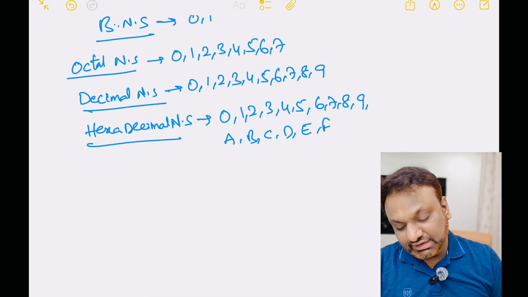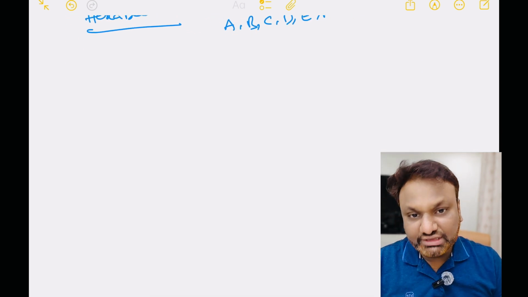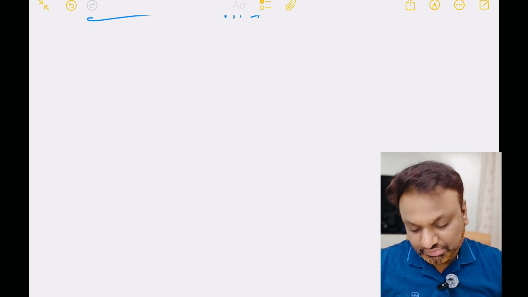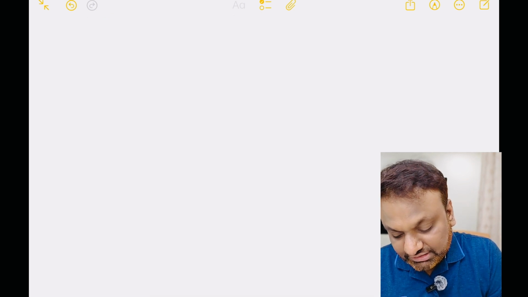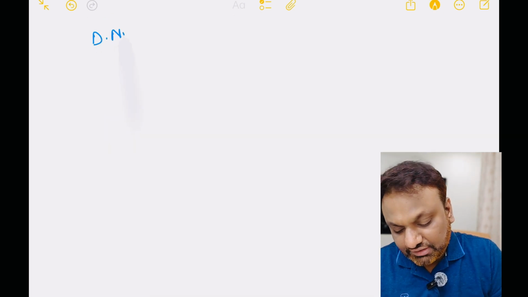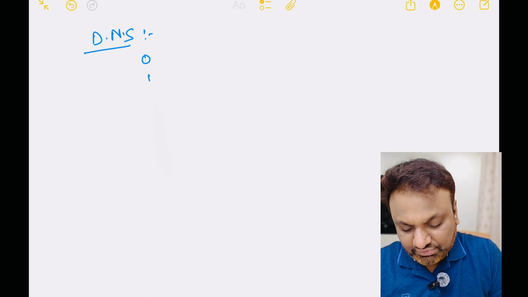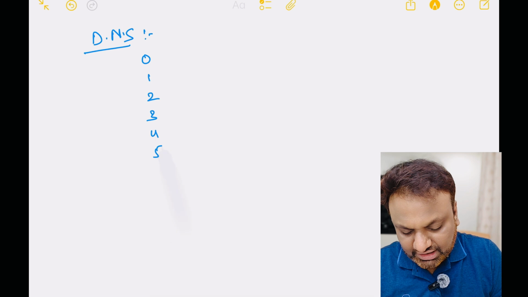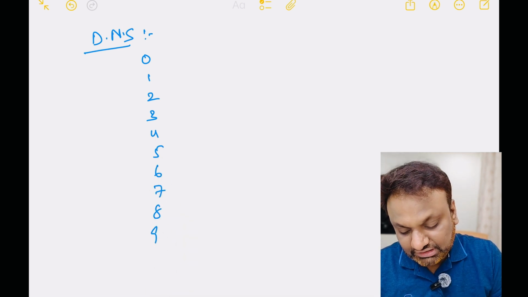Let us see what the different numbers are and how they are formed. First let me talk about the decimal number system, which we know. Our numbers are 0, 1, 2, 3, 4, 5, 6, 7, 8, 9. After that, the series with 0 is completed, so it will start with 1.